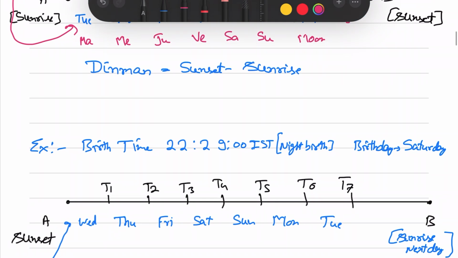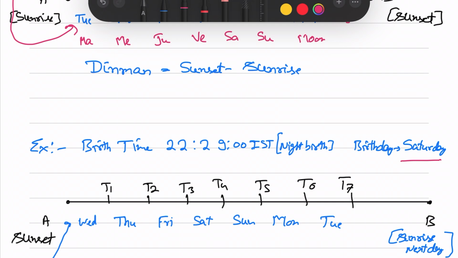Now let's take an example for night birth. If the birth time is 22:29:00 IST, that is 10:29 PM, and the day of birth is Saturday, from Saturday we count 5: Saturday, Sunday, Monday, Tuesday and Wednesday. Wednesday is the fifth day.